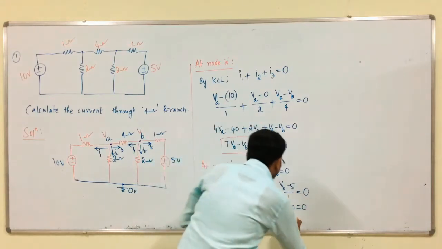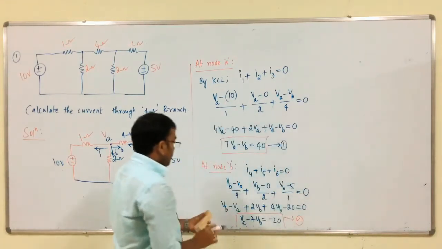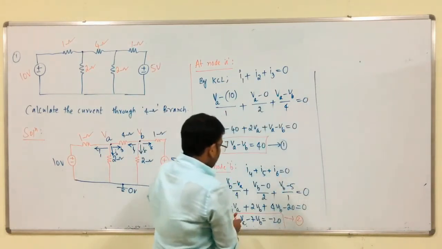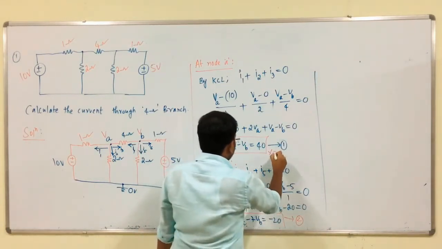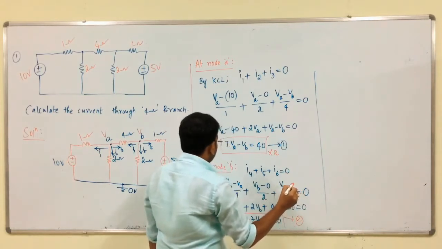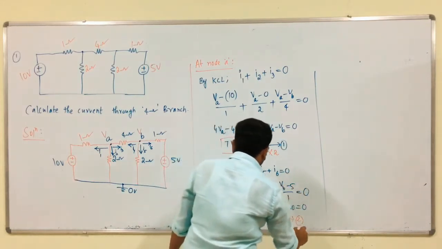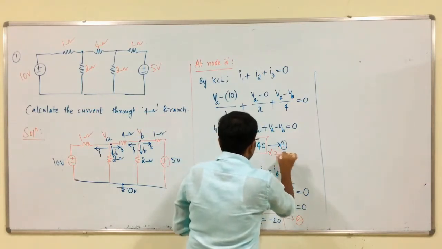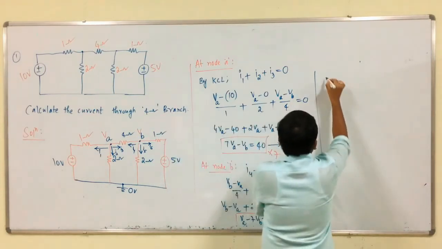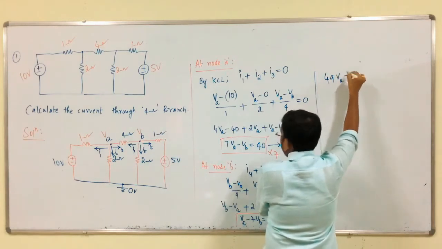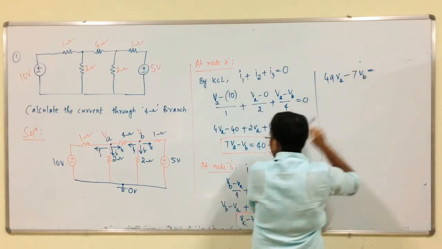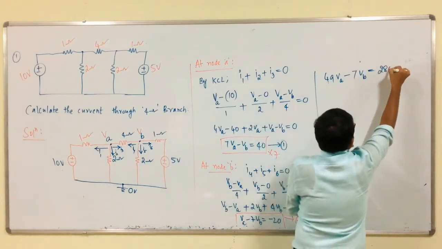By solving those two equations, we are going to get, it should be multiplied with 7. Therefore, 49VA minus 7VB is equal to 280.